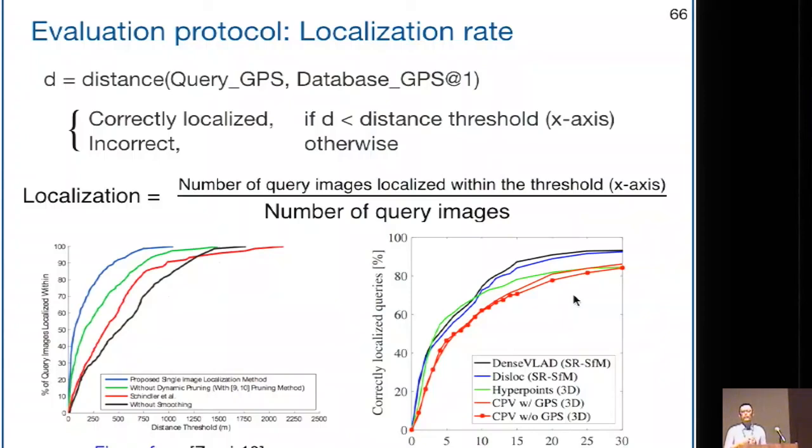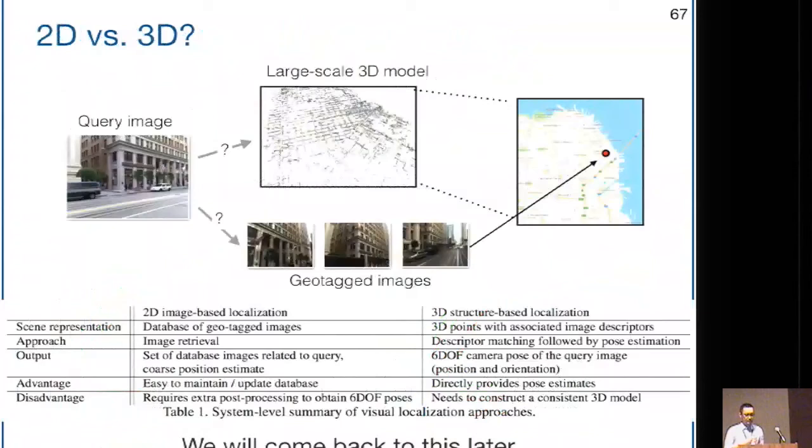So I was roughly speaking about 2D and 3D methods. But probably the question is, which is better, 2D or 3D? I have no clear answer yet, but there are some advantages and disadvantages. For the 2D method, the database is simple.